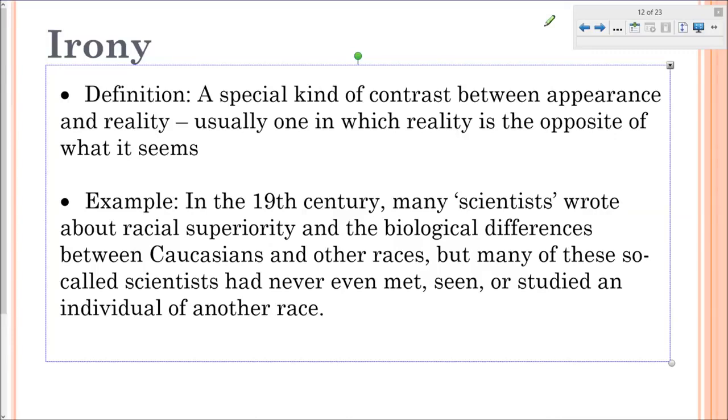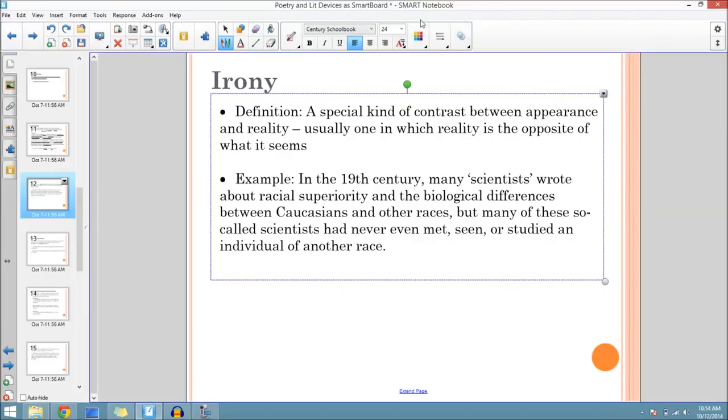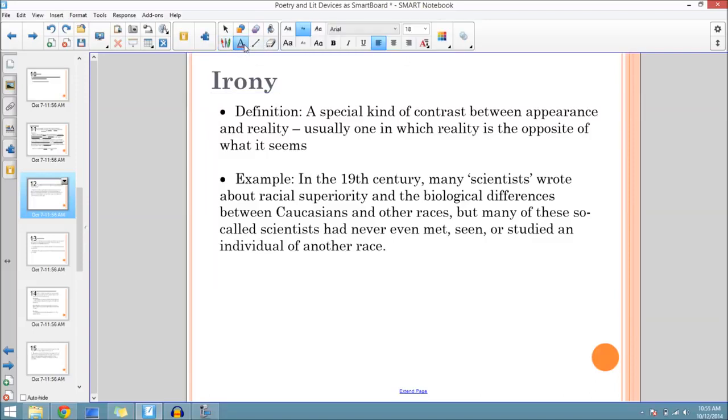Our example here is one from a few centuries ago. In the 19th century, many scientists wrote about racial superiority and the biological differences between Caucasians and other races, but many of these so-called scientists had never met or seen or even studied an individual of another race. And the irony there is, there's a couple of things going on. One, to actually be a scientist, you have to apply the scientific method, which these individuals weren't doing.